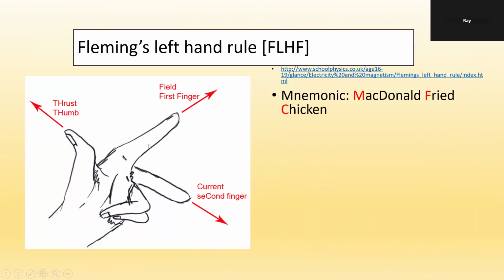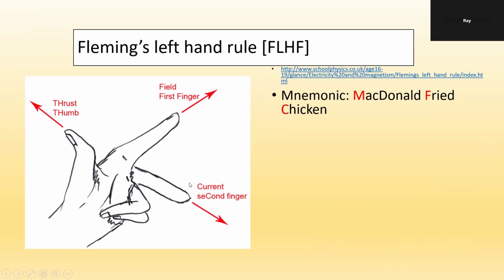McDonald is the force or motion. The field is the first finger. There's your second finger, each of them perpendicular to each other. Fry is the field. Chicken is the current. How do we memorize it? We use thrust. Thumb is thrust, first finger is field, and second finger is current.